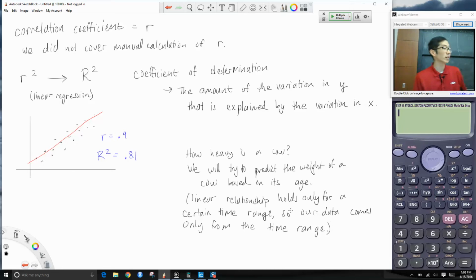Let's say this is what it looks like. On our x-axis we've got time or age, and on the y-axis will be weight.